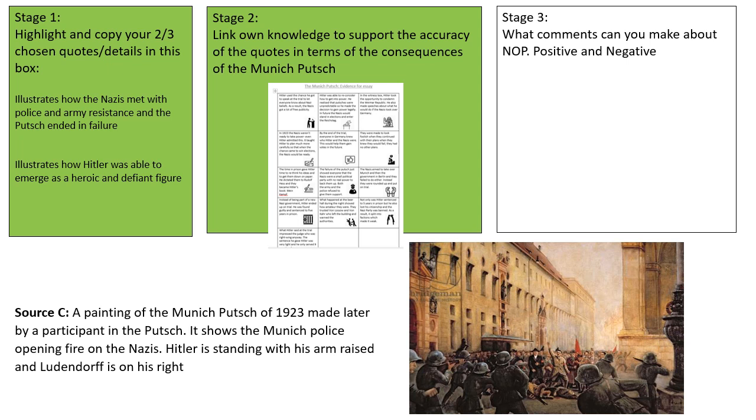Equally, you should also be able to find information relating to how Hitler was able to use the putsch for his propaganda purposes, and again you should be able to match that to the second point we've found. So this task involves you reading that information and just putting your matching knowledge into this second box on your worksheet.